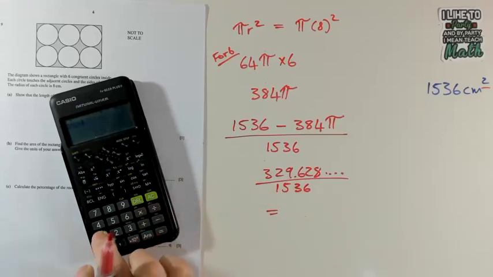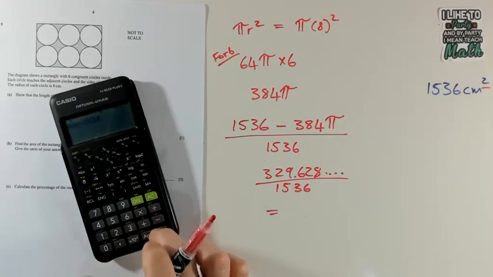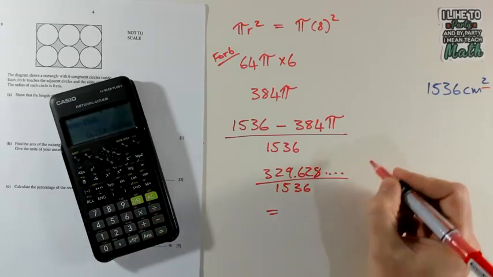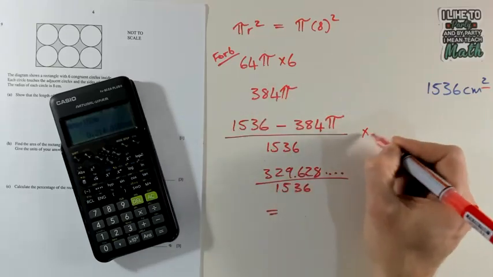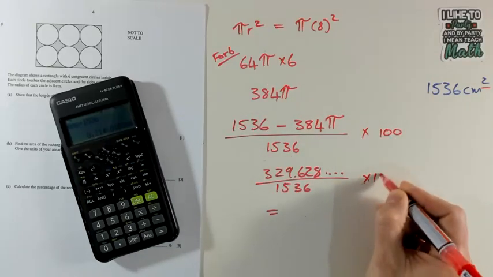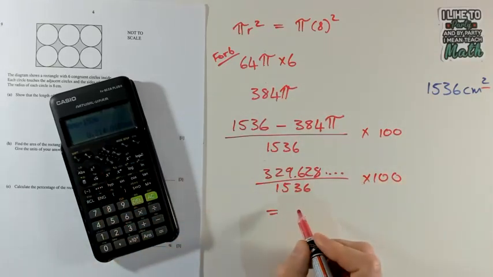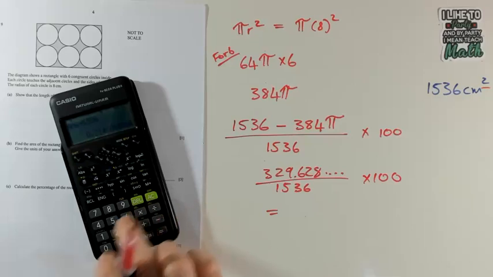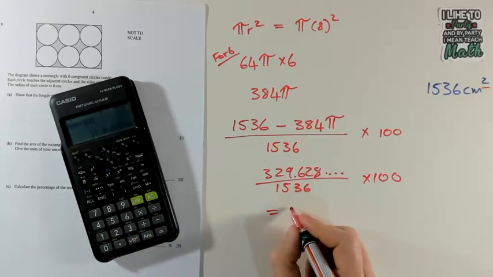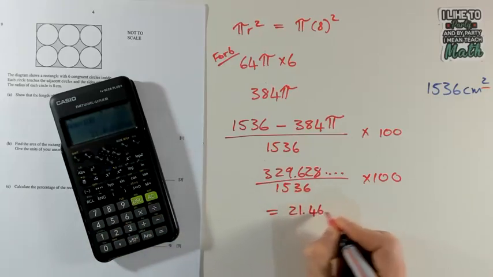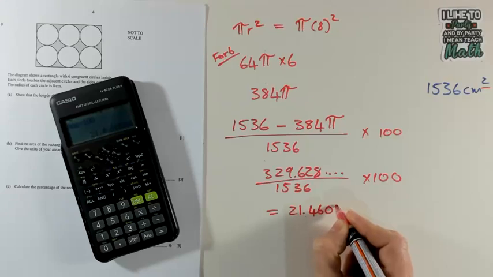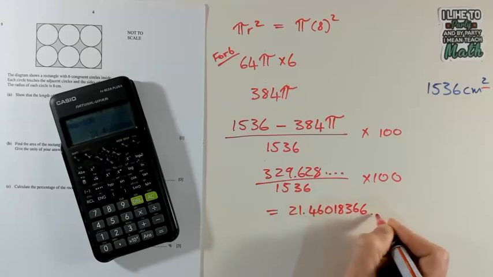So divided by 1536, obviously this has to be multiplied by 100 if I want a percentage, so times 100 is going to give me 21.4601836.